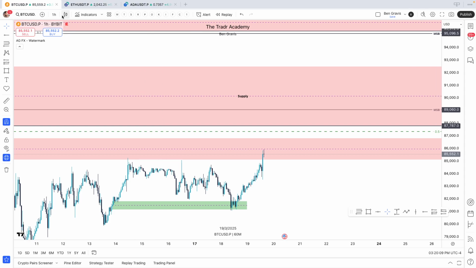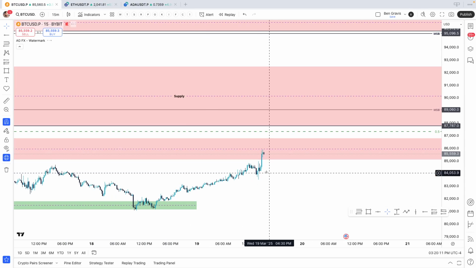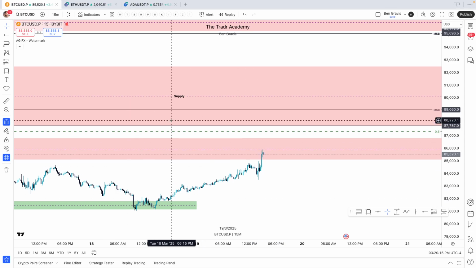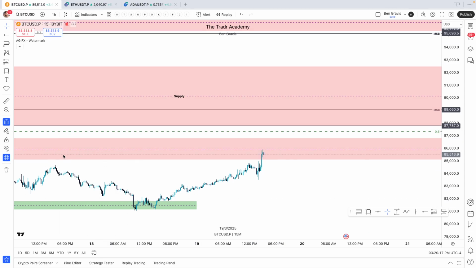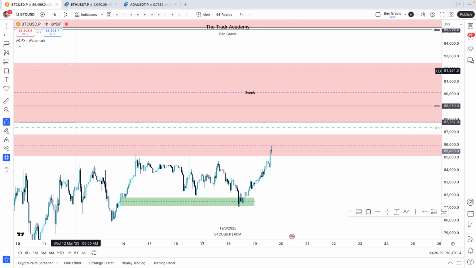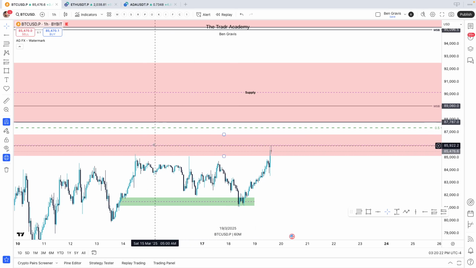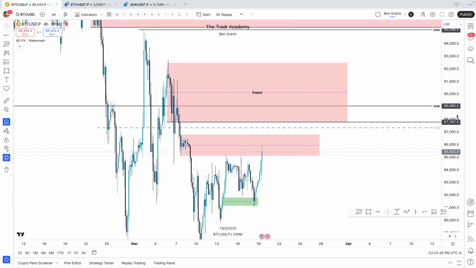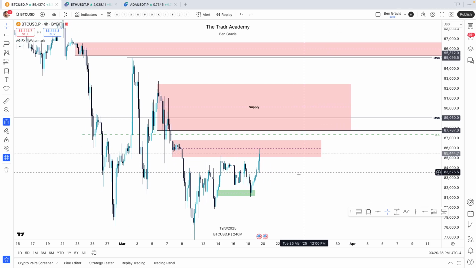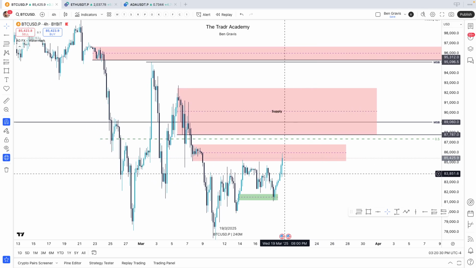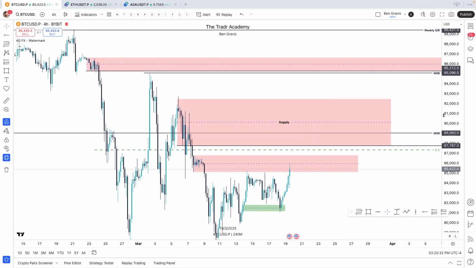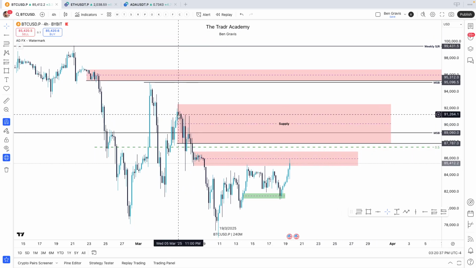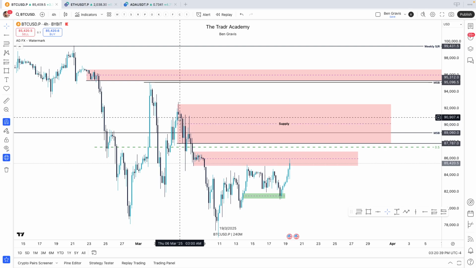Okay, so we might fill this one back higher. Very efficient market. It's possible because we are at the EQ of this 4 hourly. But in my opinion, yeah, it is quite significant because there are no inefficiencies over here on the 4 hourly.